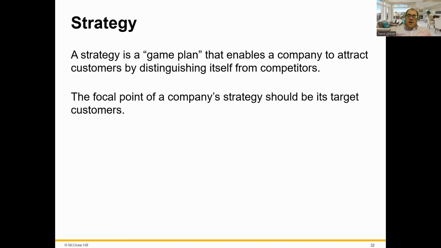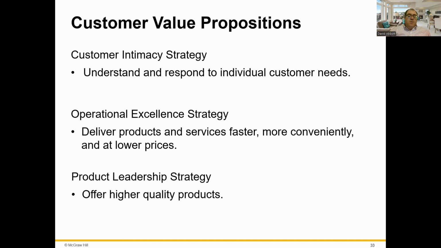A strategic management perspective is one where, first of all, strategy is the game plan that enables a company to attract customers by distinguishing itself from competitors. We want to look at how we're going to target our customers and how we're going to differentiate ourselves as part of the strategy. Companies also have a customer value proposition.